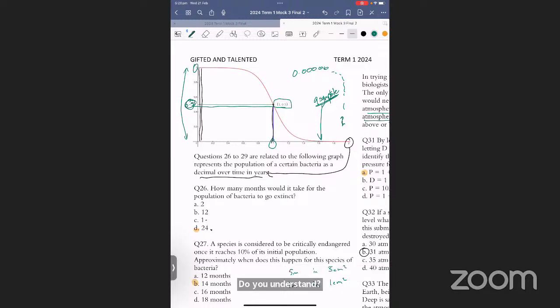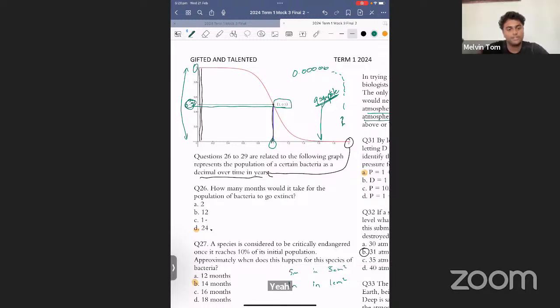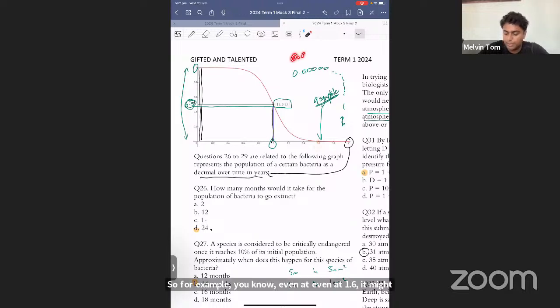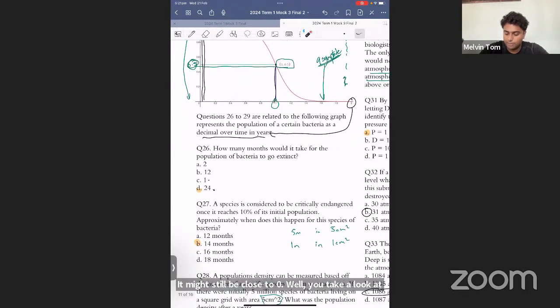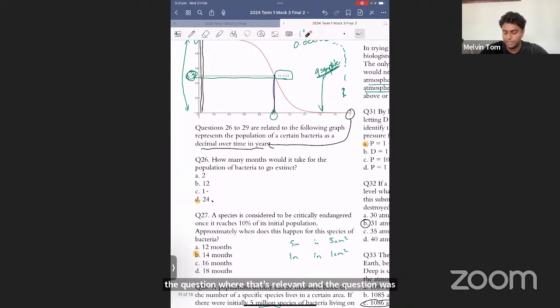Yep. So let me break it down one step at a time. Where do you stop? Even at 1.6, it might be 0.01, still close to 0. Take a look at the question where that's relevant: how many months would it take for the population of bacteria to go extinct?